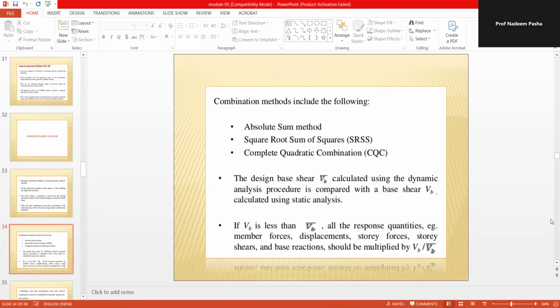The design base shear VB is calculated using the dynamic analysis. If VB is less than VB bar, all the response quantities should be multiplied by VB divided by VB bar: force, displacement, storey shears and the base reactions.